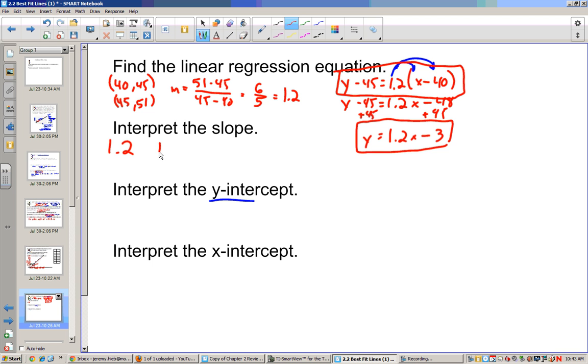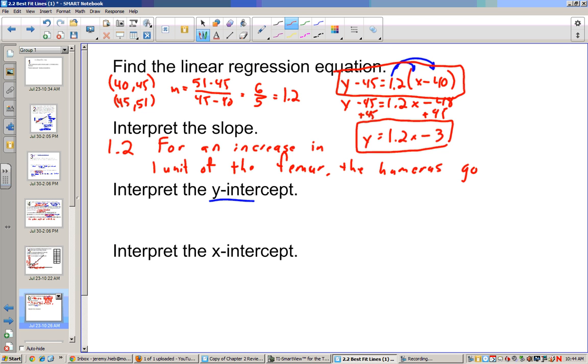So you could say for an increase in 1 unit of the femur, the humerus goes up 1.2 units. And I think in this, these should be centimeters, but it would work for any units.